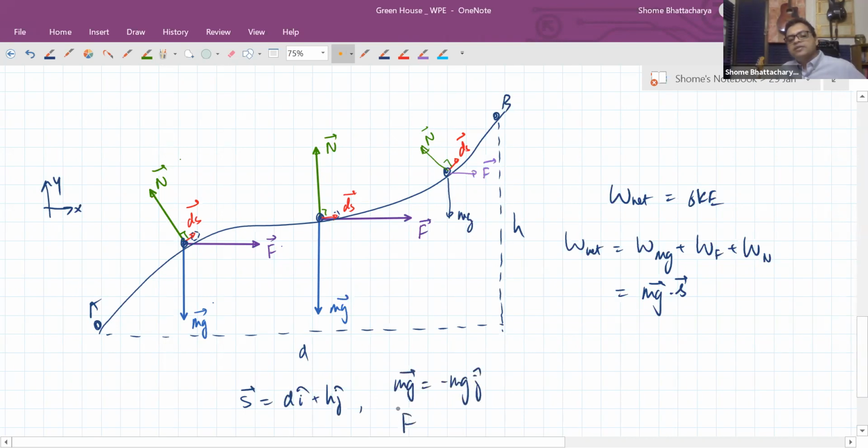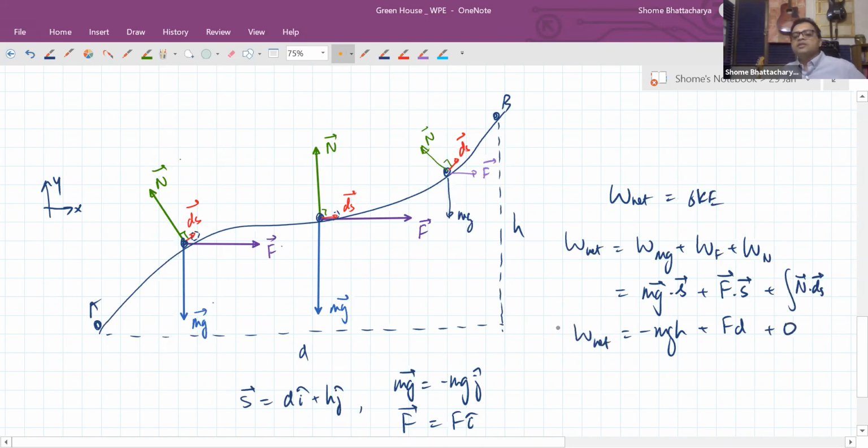You can write F as a vector as some constant quantity F i cap. So next step, this will become minus mgH plus F dot S. Next step, this will become F into D. But this will be integration of N dot ds, and next step this will become 0.